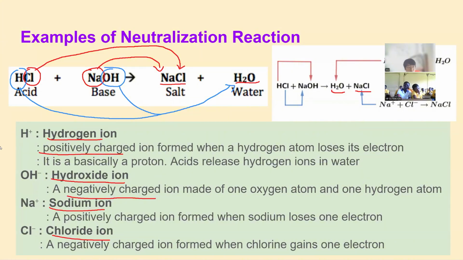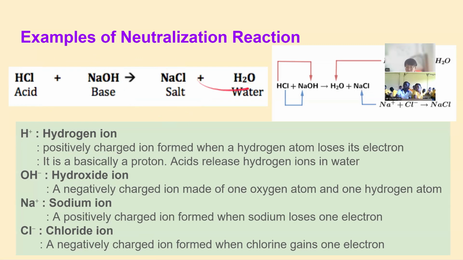All of these are components involved in the neutralization reaction. So you can know where salt and water come from. And once we do a lot of examples, it'll all start to make sense.